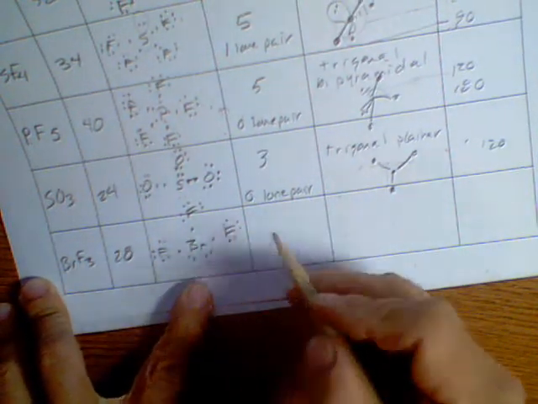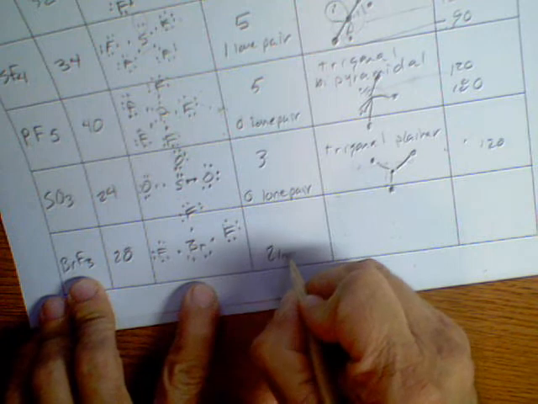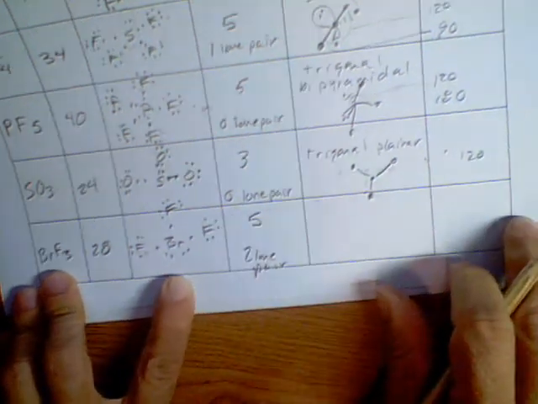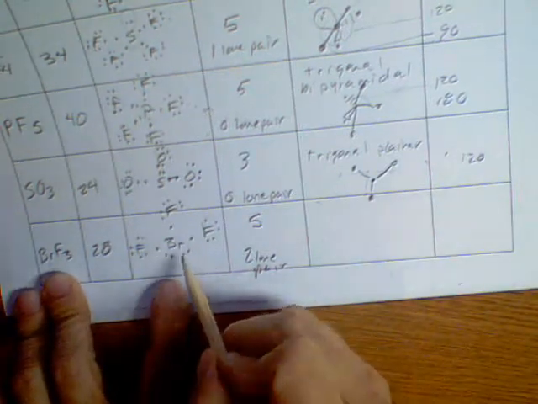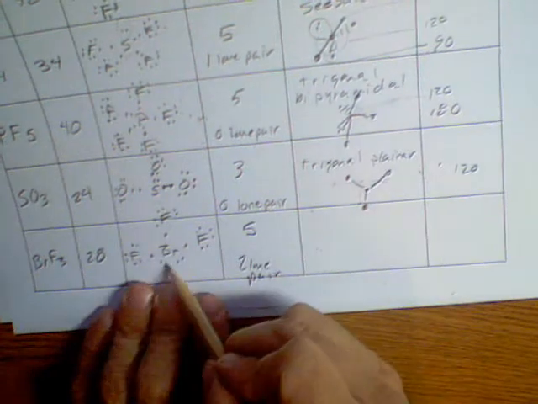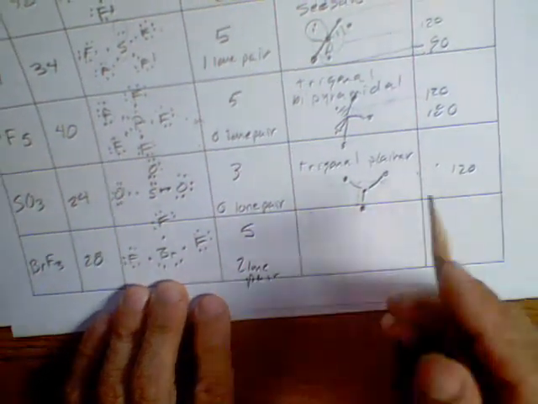And in this situation we have two lone pairs. We have two lone pairs with a total of 5 bonds about the steric number of 5, or 5 electron groups about that central atom, two of which are lone pairs.